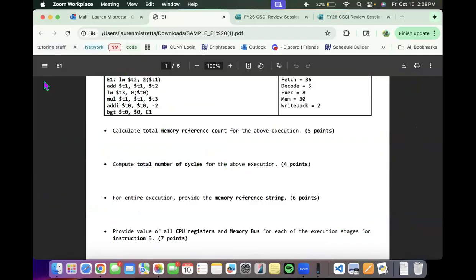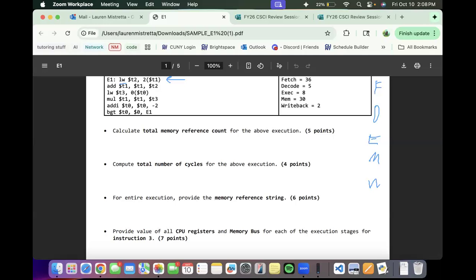Okay, so this involves us tracing the registers for this guy over here. And we're going to be going through all of our states. So remember, what are our states? We have fetch, decode, exec, mem, and write back because this is a load word instruction. So we want to take into account what's going on as we're doing this, right?